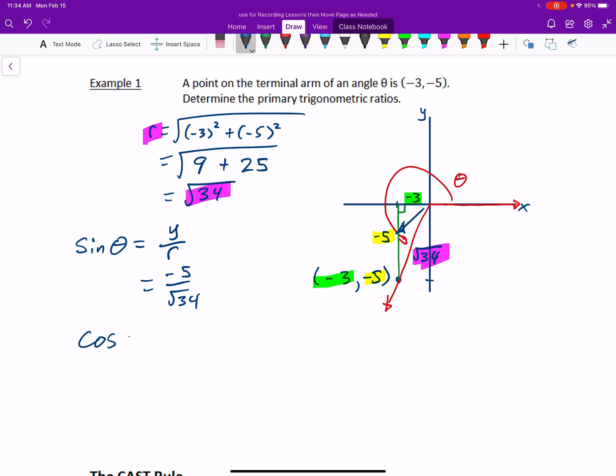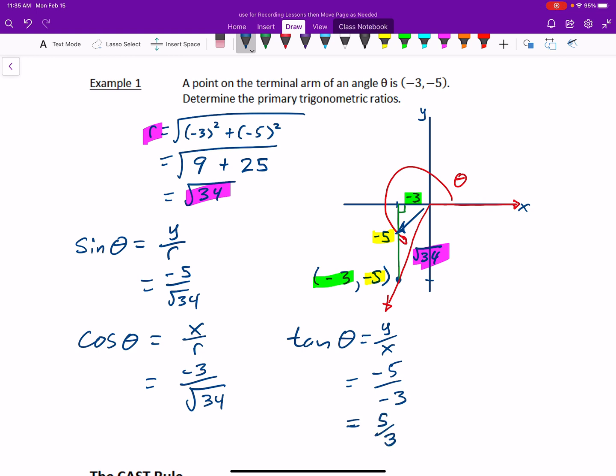Cos theta is x over r. So that would be -3 over the square root of 34. And tan theta is equal to y over x, which would be -5 over -3. I would definitely cancel out those negatives. I'd tidy it up. In other words, 2 negatives make a positive. I'd just write it as positive 5/3.